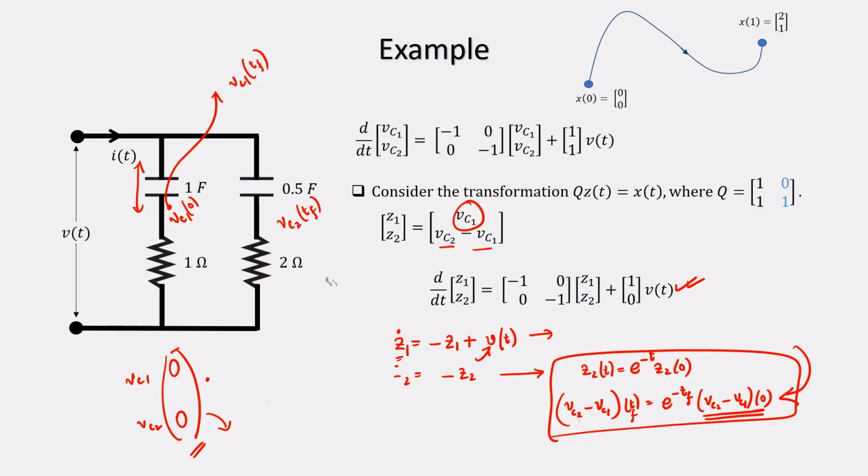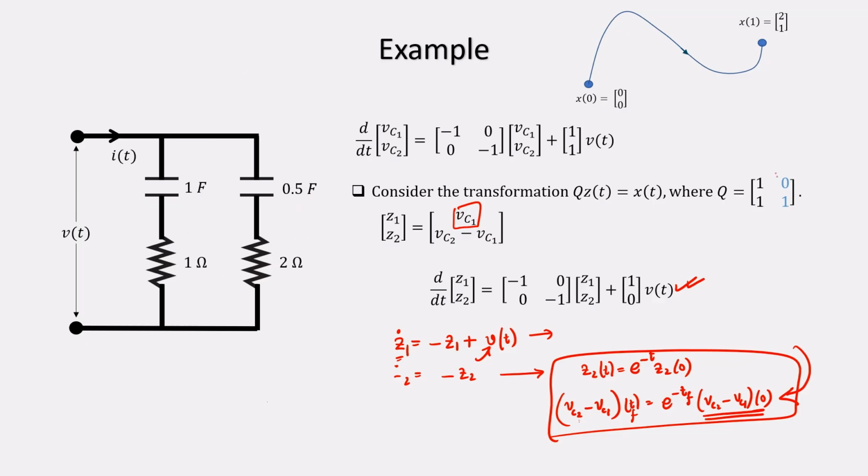One important point to note here is that in this example, since I took Q in such a way that this came out to be capacitor voltage 1, it had a direct physical meaning. If you had taken a 2 here, or anything else, because this depends on what you choose, then Z1 and Z2 won't come out in this nice form. They will be some linear combinations of Vc1 and Vc2, and you won't have a direct physical interpretation.